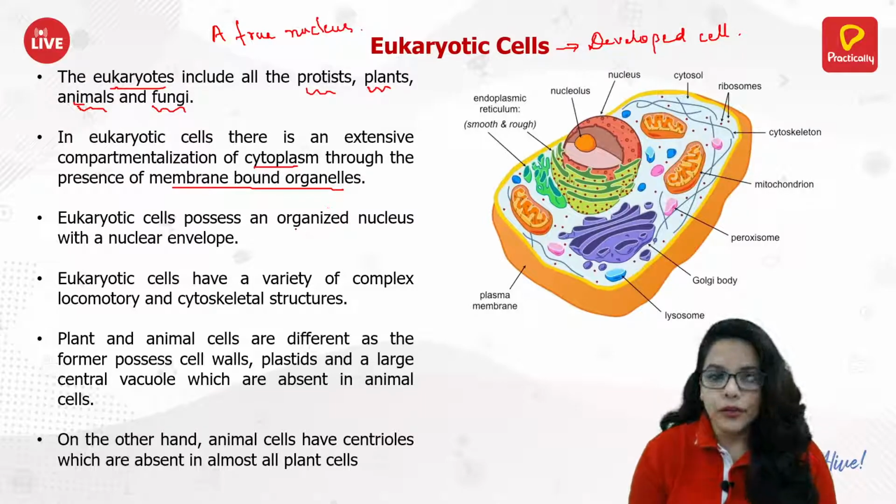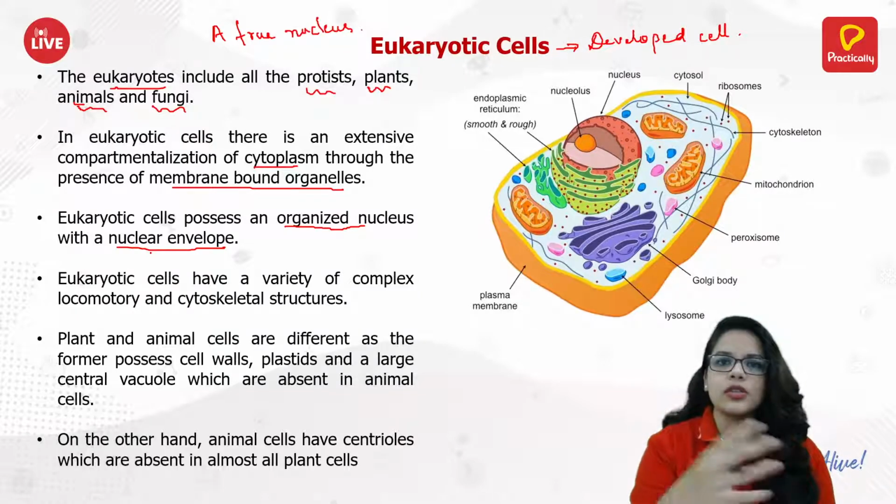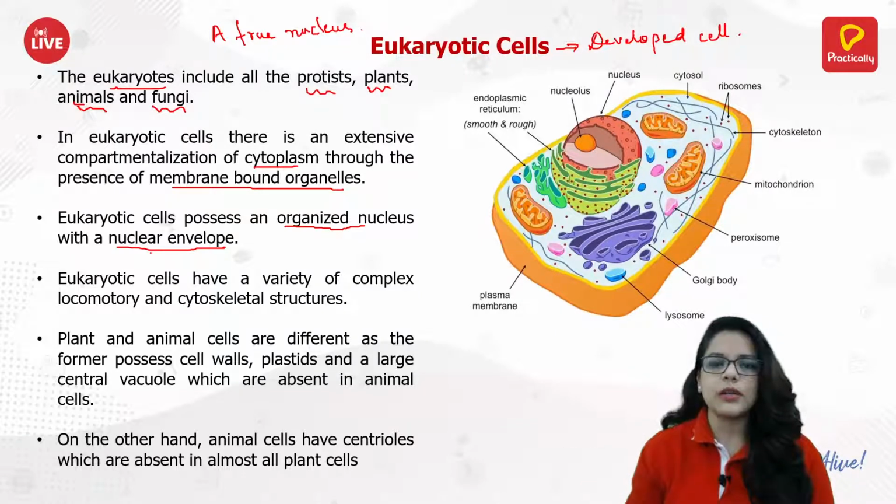Apart from that, they have a properly organized nucleus with the nuclear envelope, which is also a covering. In prokaryotes, it was just some genetic material floating in the cytoplasm, no cover, nothing. Here there's an envelope which protects the nucleic material and everything. So this is why it is a true nucleus.